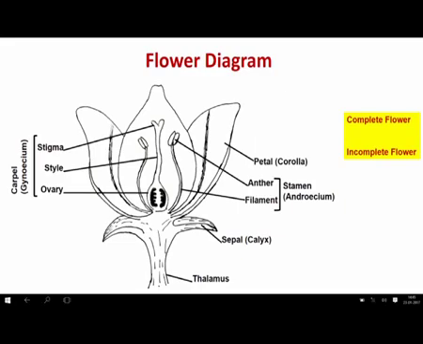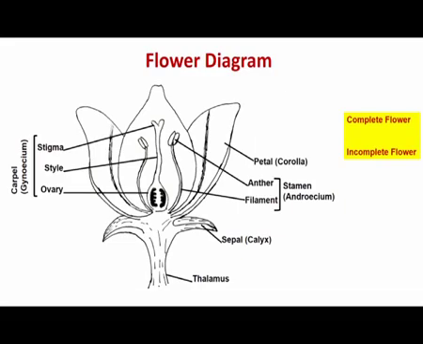The outer part is known as the calyx. Then within the calyx we have the corolla, and within the corolla we have the male sex organ, called the stamen or androecium, and then we have the gynoecium or the carpel, which is the innermost part.